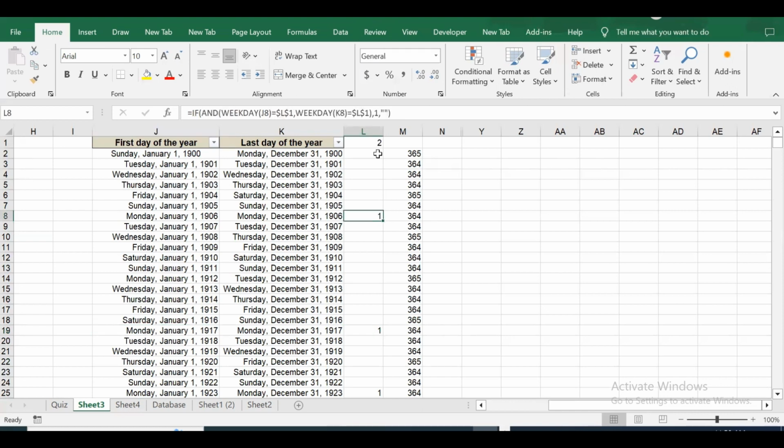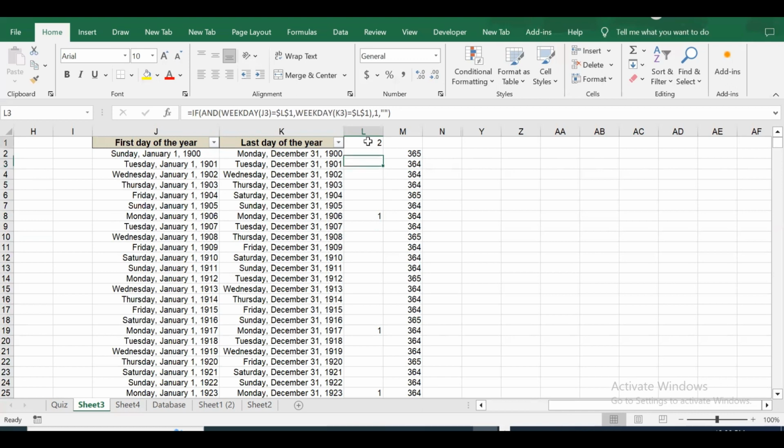It takes into consideration only when the same weekday is at the end of the year as well. If the year starts with Monday and ends with Monday as well, then a 1 is placed, otherwise it is left blank. So this is another way of comparing two dates while considering the weekdays.